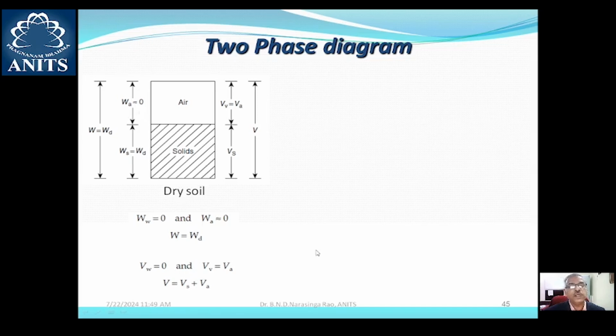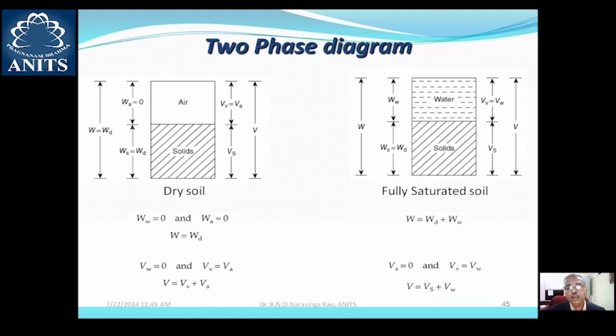So if you see here, earlier we have referred to the three-phase system of soil and a three-phase diagram. This is a case of two-phase diagram consisting of only air, the gaseous phase, and solid particles, the solid phase. On the contrary, in a rainy season, the upper layers of soil near the ground surface, the void space may be completely filled with water.